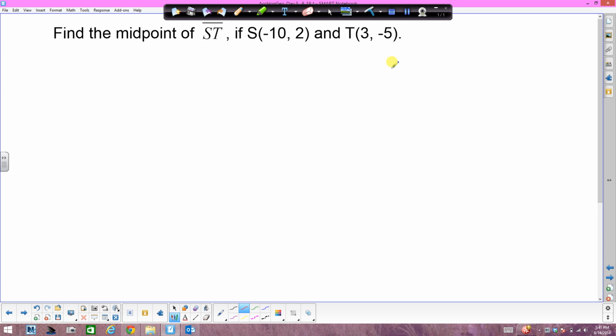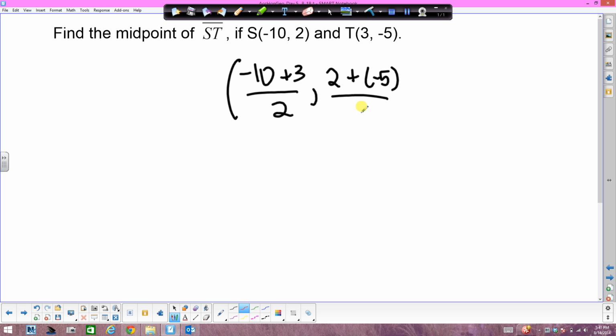Then we've got to find the midpoint between S and T. So remember the midpoint formula, you add the x's divided by 2, add the y's divided by 2, and your answer should be an ordered pair. The midpoint is an actual coordinate of a point. So we've got -10 plus 3 divided by 2, and then 2 plus -5 divided by 2.